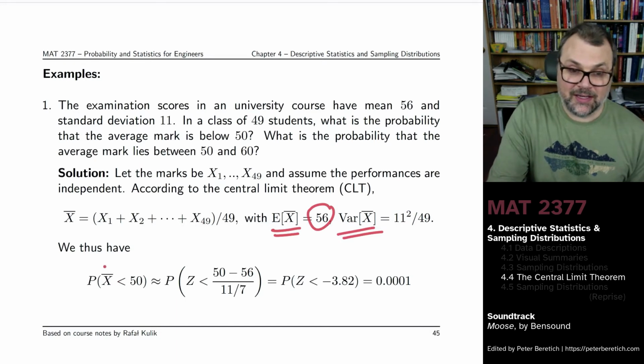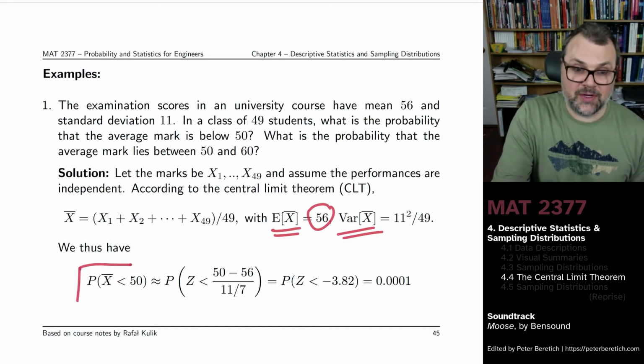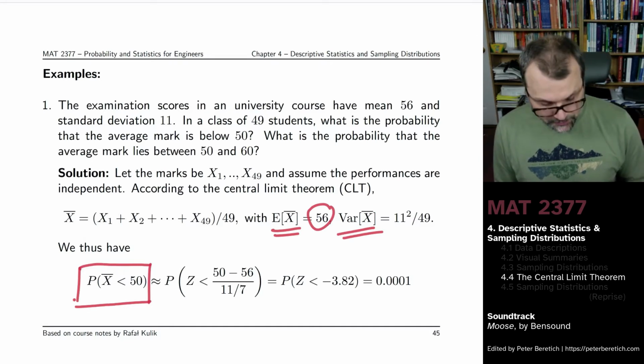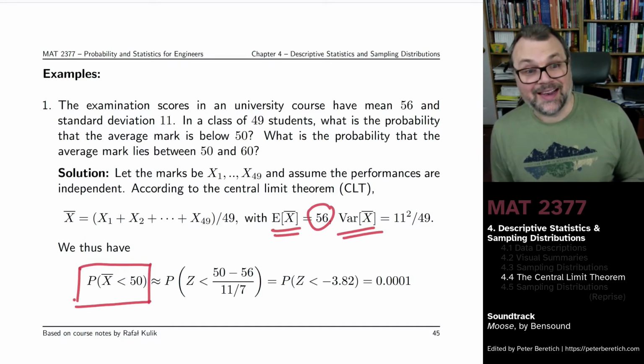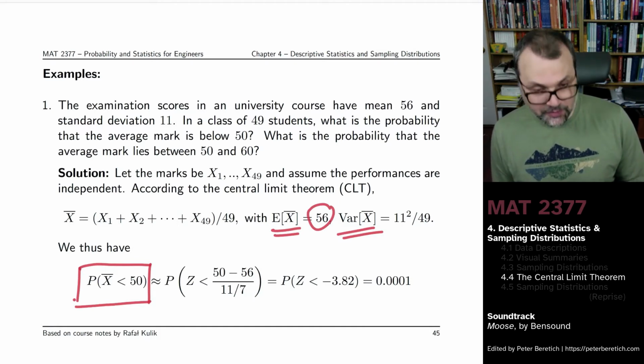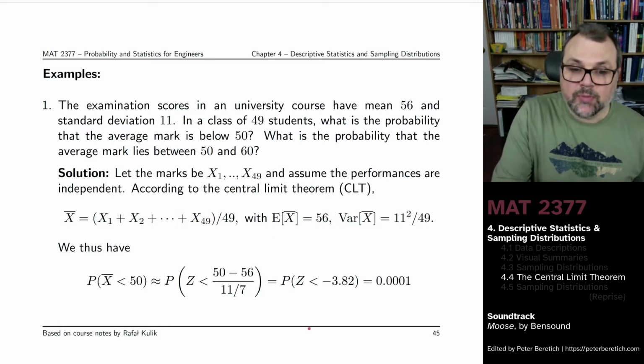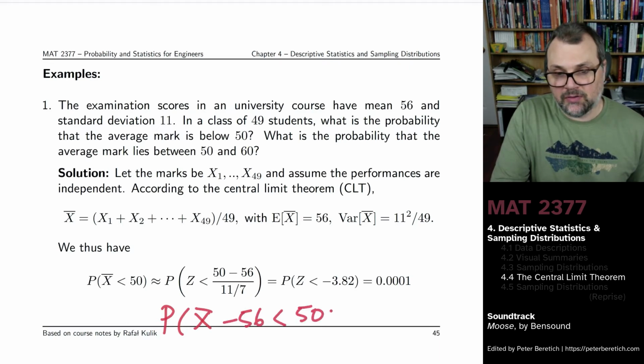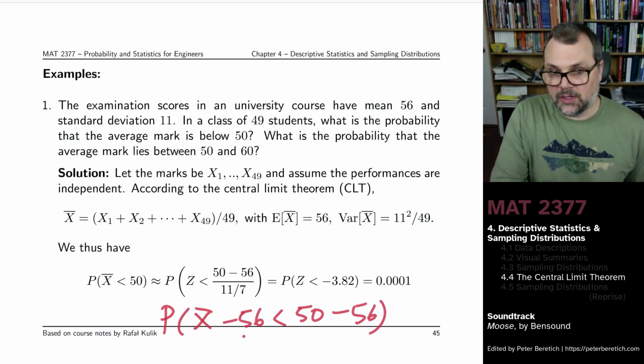Now what this is telling us is, if we're trying to compute the probability that x bar is smaller than 50, the probability that the class average for this year's class is smaller than 50, we're really computing the probability that x bar minus 56 would be smaller than 50 minus 56, right? Because these are the same intervals.